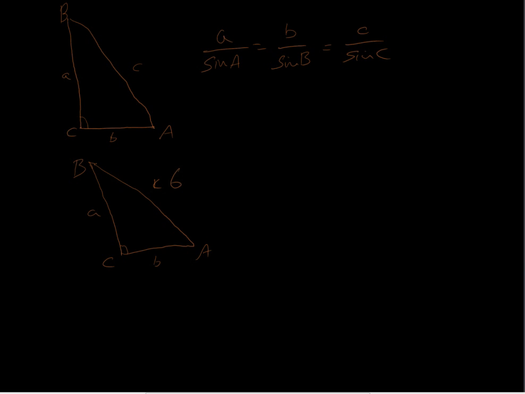So we're given 6 here, 12 here, and for this we're given 35 degrees. Okay, so how would we solve? We're asked to solve the triangle. So solve B, solve the angle here, and solve for the angle here.